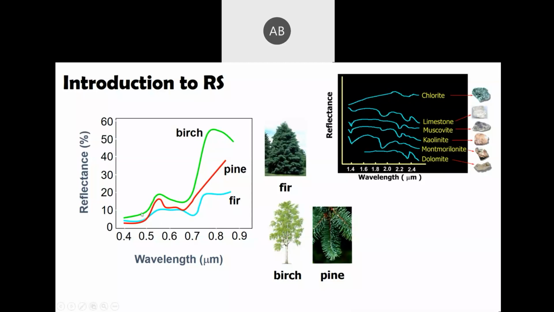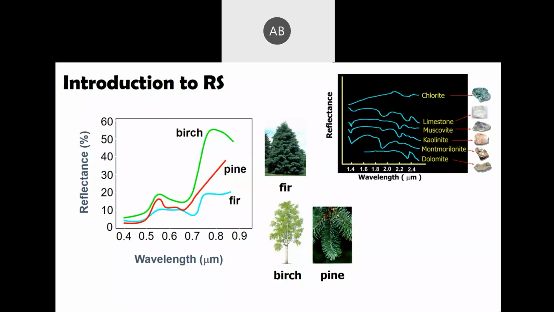So all the various kinds of objects on the earth have a unique signature, or you can say spectral signature, just as the fingerprint is very unique to a particular person. All these different objects on the earth have different signature patterns in terms of how they reflect energy according to increasing wavelength.